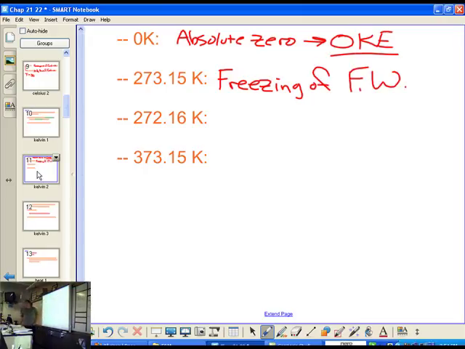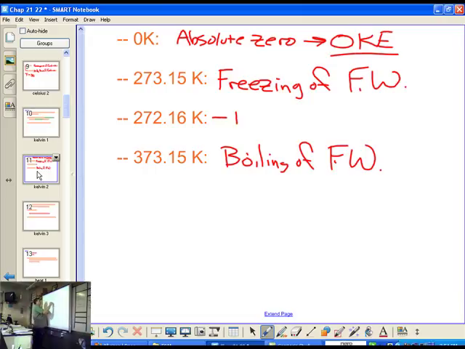Water boils, the boiling of fresh water, at 373.15. 273.16 is the triple point temperature, just so we know. So it's near, but there's also a pressure involved there too.